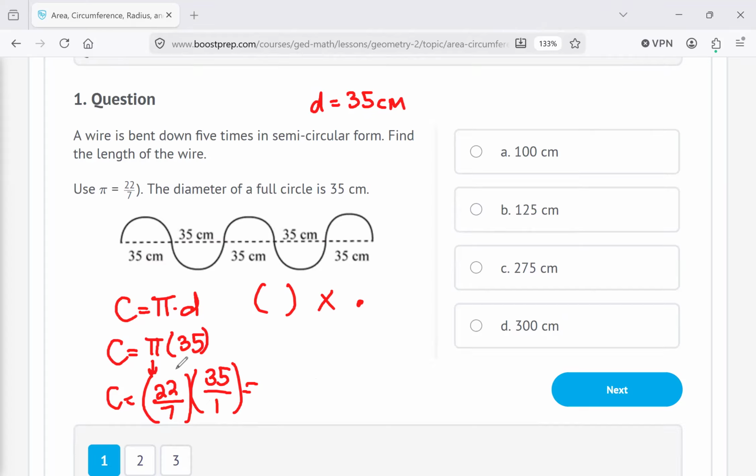How do you simplify fractions? You multiply across. What's 22 times 35? It is 770. And what's 7 times 1? 7. And what's 770 over 7? It is 110. The circumference of one semicircle is 55.